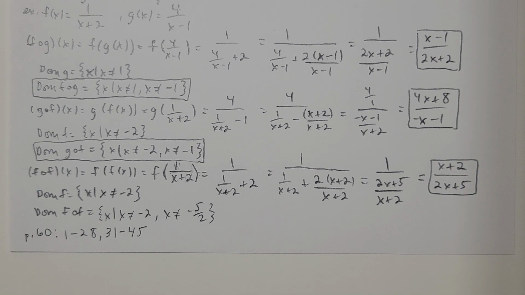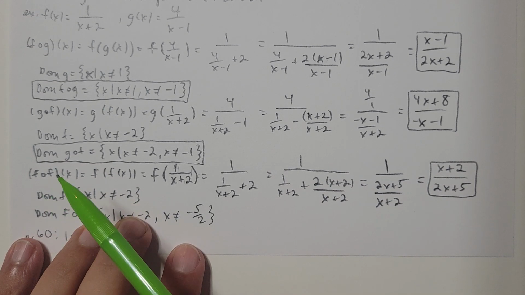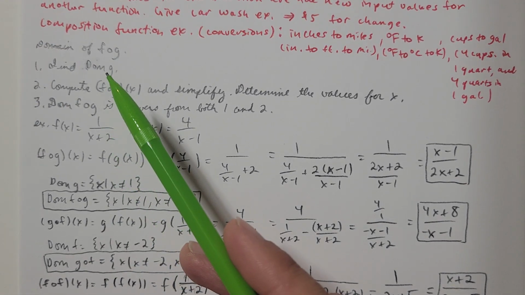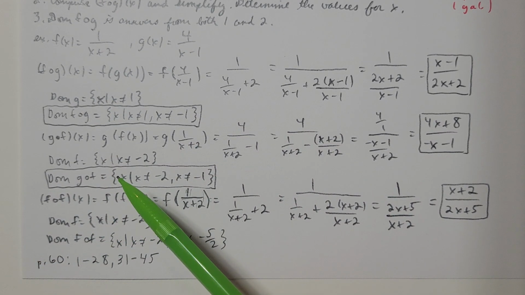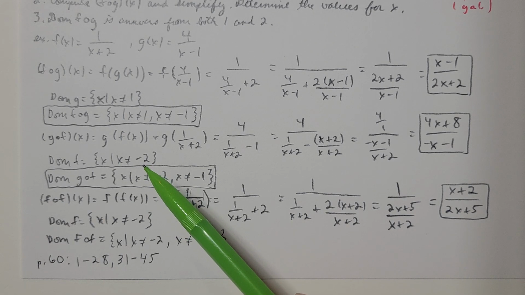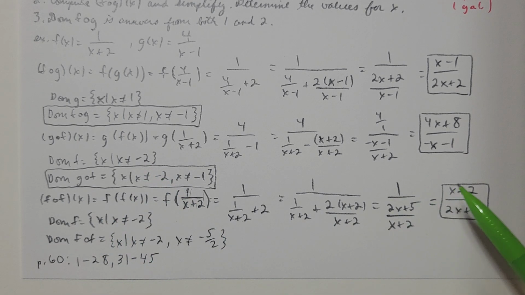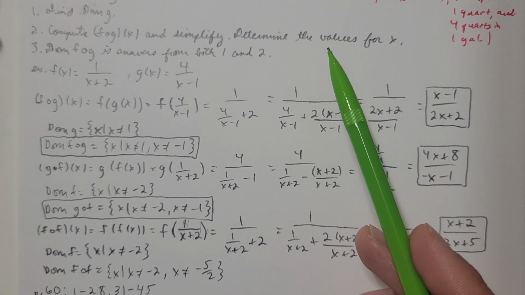And the domain of f composed f, so the first thing I have to know is the domain of f, right? And that's obvious because I'm only using f of x, right? So the domain of f is, we've already said that right here. It's the set of all x such that x is not equal to negative 2. Okay, and then the next thing, I'm going to take a look at my answer on step 2 and determine the values for x.